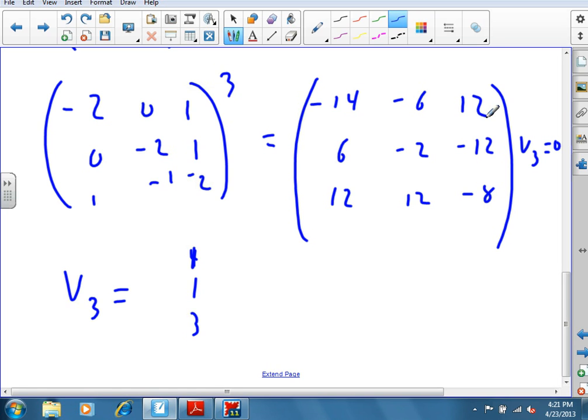Everything there is divisible by 2, right? I wonder if we divided everything by 2, if that would help any.